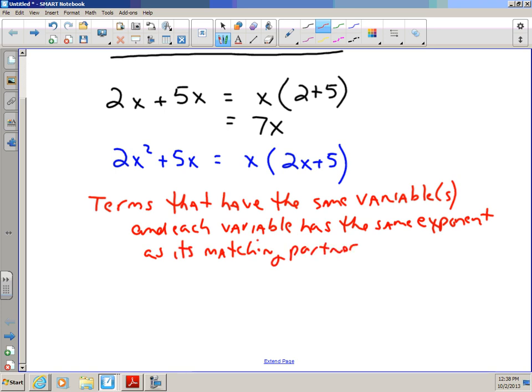So let's look at a couple of examples to determine when I have like terms or not.